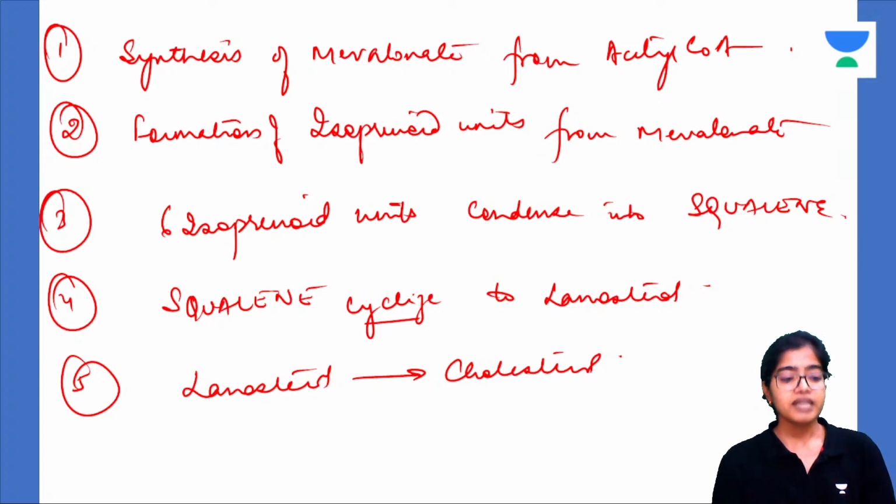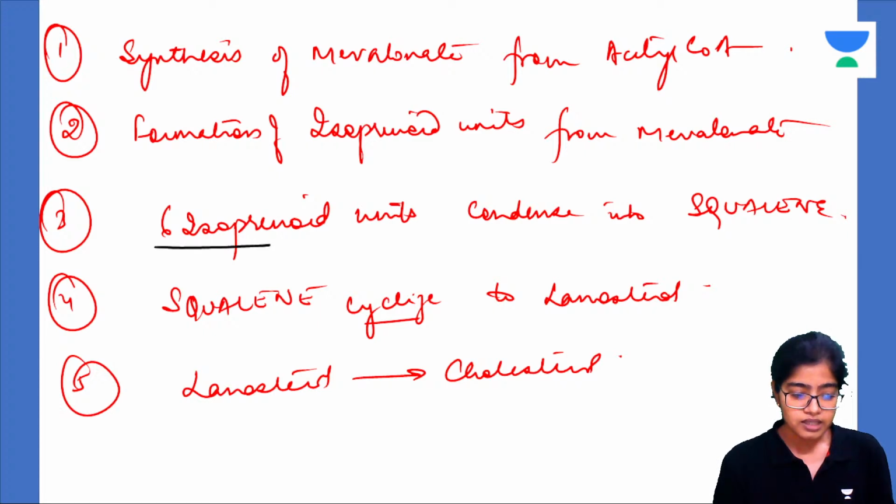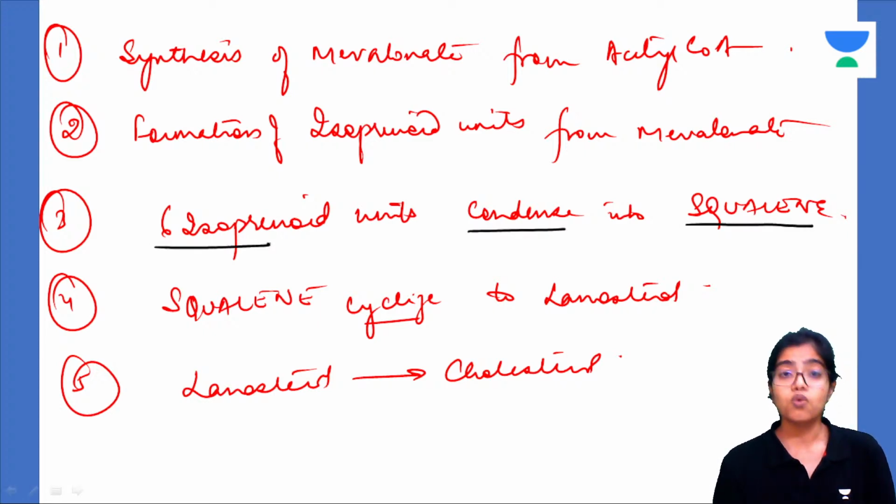The second step is formation of isoprenoid units from mevalonate. This is the second step. What is the third step? 6 isoprenoid units condense into a structure called squalene.